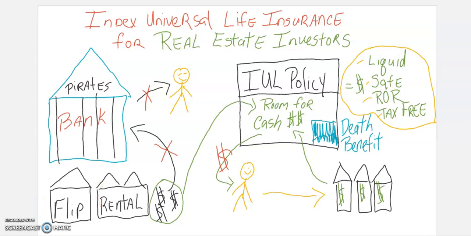Let's say you do a cash-out refi going into the bank, or you have rental income going into your bank or your entity, right? Your business account. Flips go right back into your bank, and all you're doing is going back out and acquiring the next rental or the next flip.